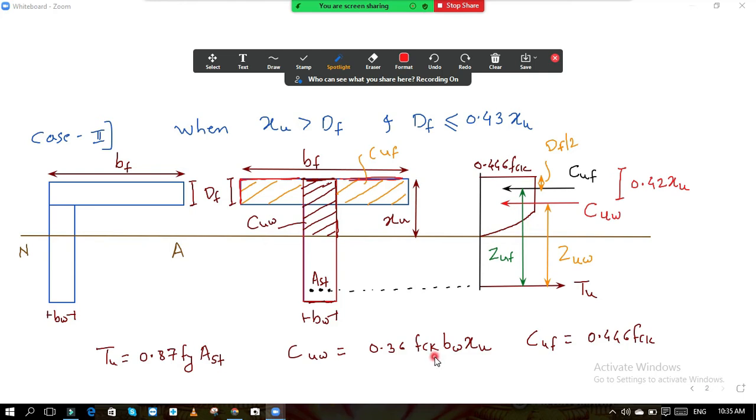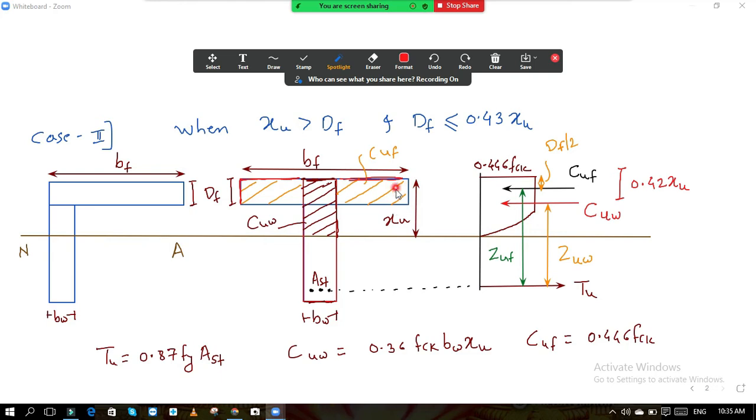How 0.36 FCK comes, that derivation I did in unit number 1, so you can refer to it again. By calculating the area of the rectangle and the area of the parabola, we derived 0.36 FCK.